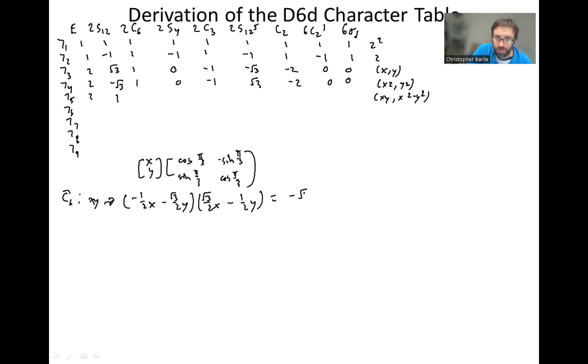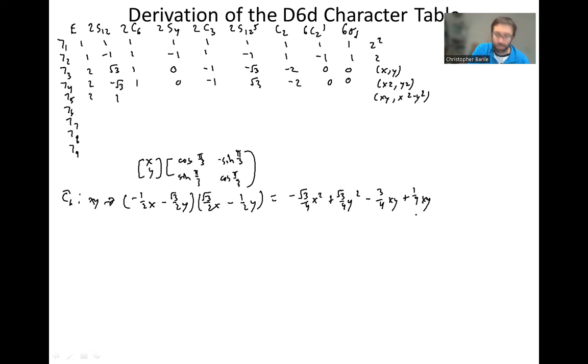So we're going to get negative root 3 over 4 x squared. Our cross term, let's do our y term here, is going to be positive root 3 over 4 y squared. And then our cross term is going to be minus 3/4 xy. And then we have our other cross term, which is plus 1/4 xy.